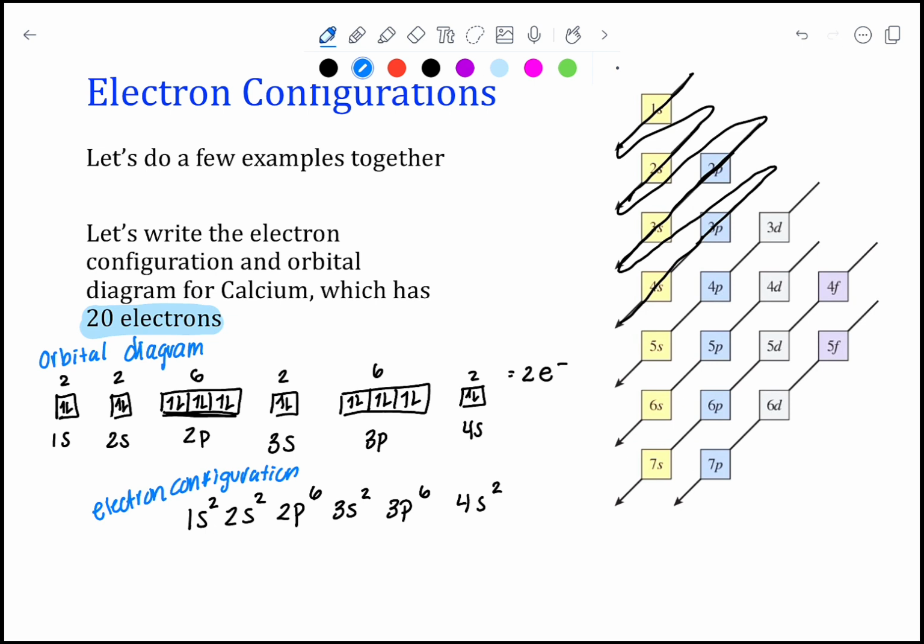But on your Alex homework you may be asked to draw them at their specific energy levels, which Alex will give you the lines to do, so just keep that in mind. But a linear orbital diagram like this one is perfectly fine because you're showing the energy from lowest on the left to highest on the right.